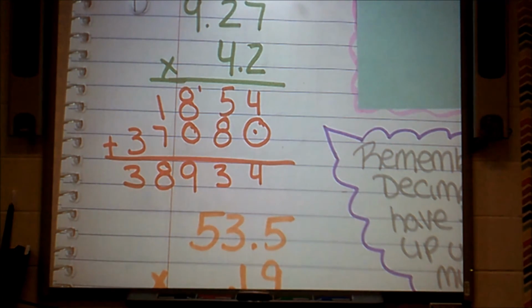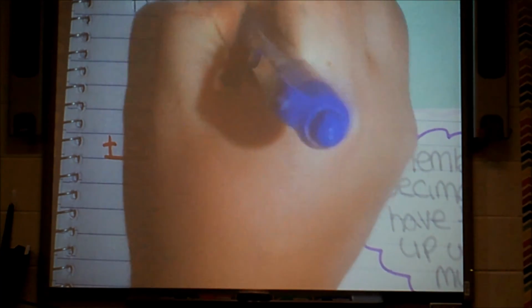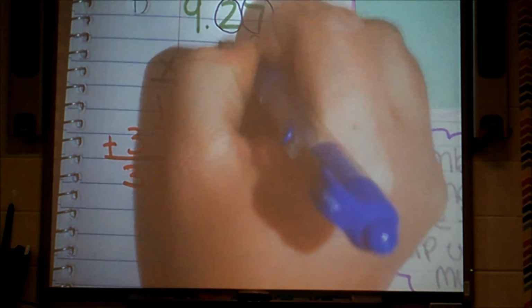38,934. Now, as you may recall, my next step is to count the number of digits that live behind the decimals in my original problem. So I'm going to do that now. I'm going to count them up, Buttercup. 1, 2, 3.